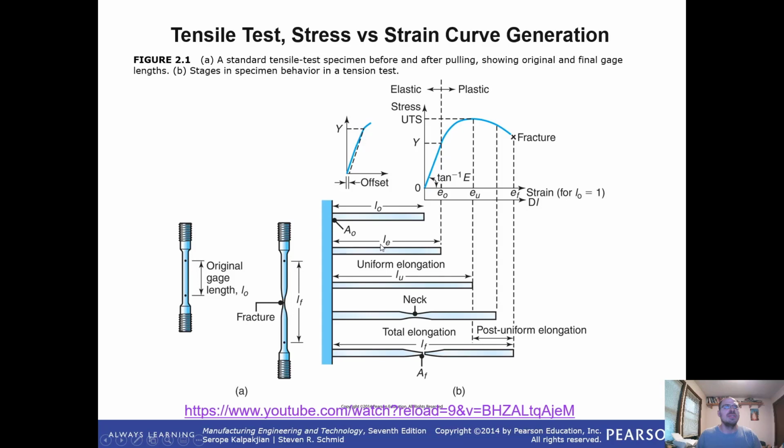I'm going to cut that out. This video I'm going to post after this video, one of the videos after this video, just to see what the true stress, true strain curve is. I was going to play it, but it's a longer video than I expected. So it's about 6 minutes long.